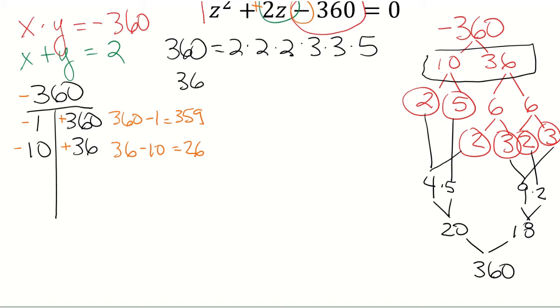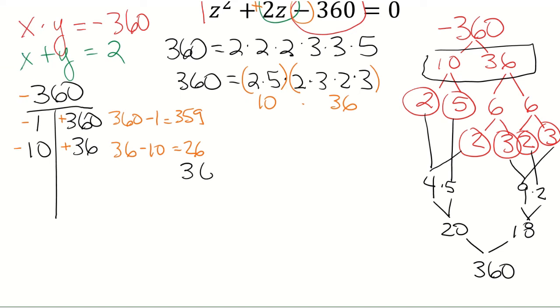So let's take a look at what we've done. We've got 360. Then when we grouped them, that was the same as grouping them as 2 times 5 times 2 times 2 times 3. And I grouped those together, my 2 times my 5 to give me a 10, and then my 2 times 3 times 2 times 3 to give me my 36. And that gave me my 2 factors. And I discovered that those weren't quite correct.